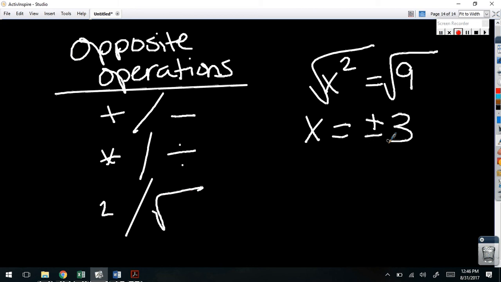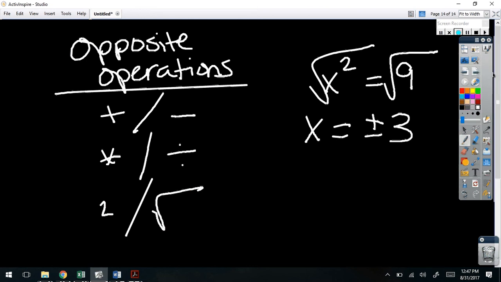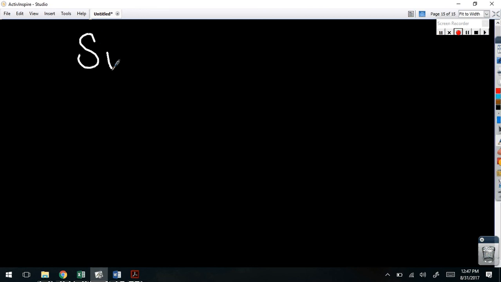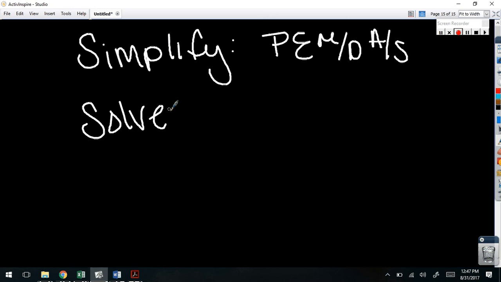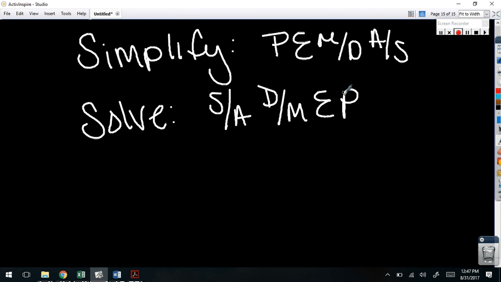Now, before we get really complicated, I also talked about yesterday a special order that you solve equations in, that I was so shocked you never heard of. Remember, it's SADMEP, not MAP. When we simplify, we go PEMDAS. When we solve, we go SADMEP.